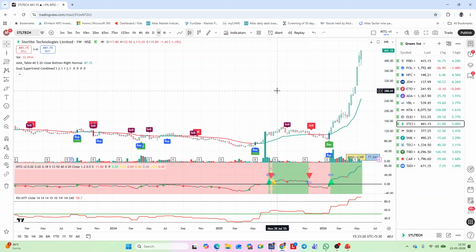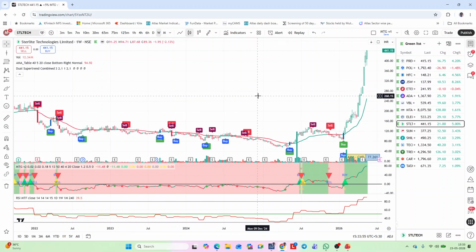So when we talk about HFCL, STL, these are basically the optic fiber companies, or the products they are making for all the data centers and all those kind of industry, which is right now the tailwind of this entire sector. So if you connect the dots like this in a broader way, then you can catch all those stocks very well in advance.